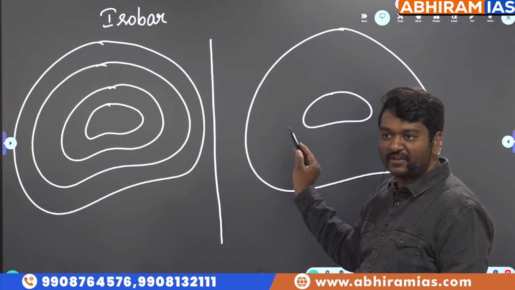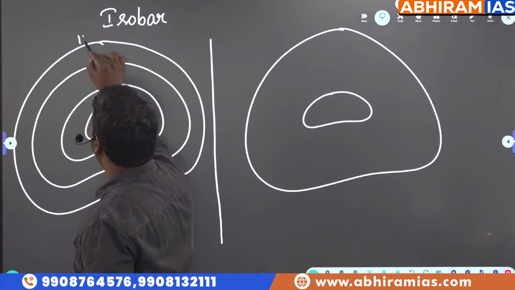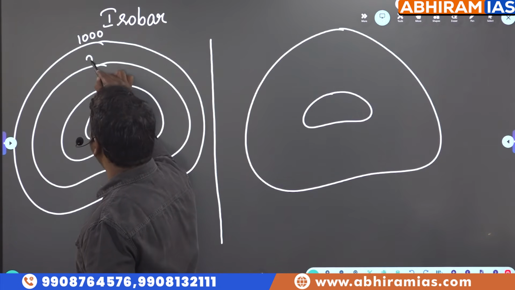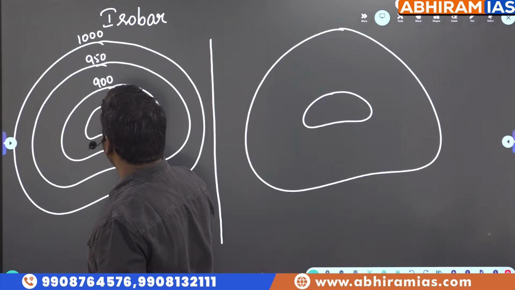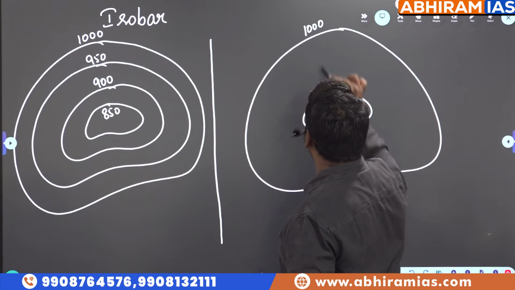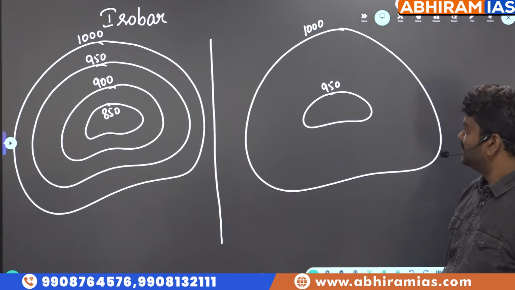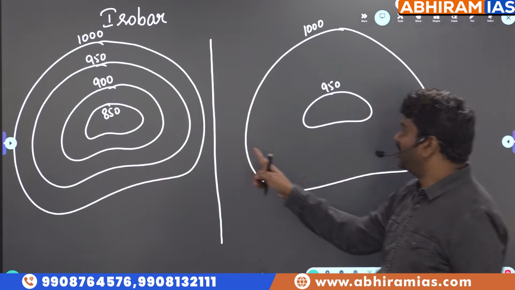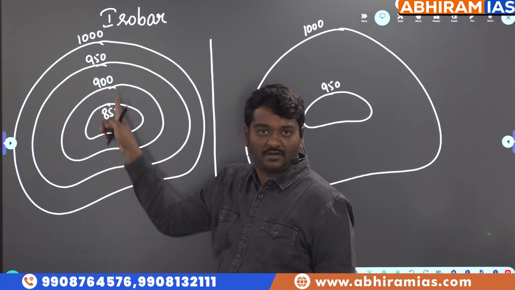In NCERT books, you will see diagrams like this, pressure diagrams. 1000, same area. Can you see how much is the pressure difference? 150.